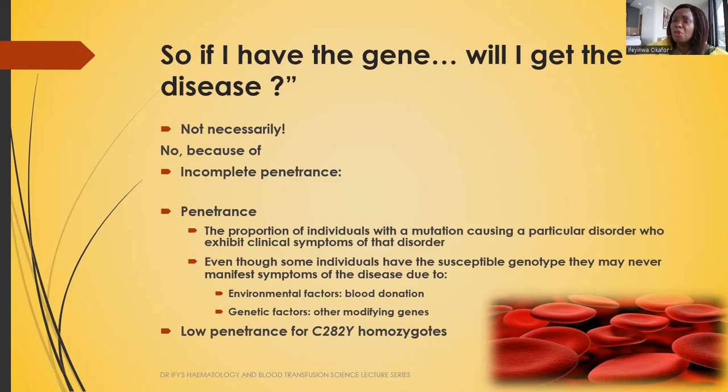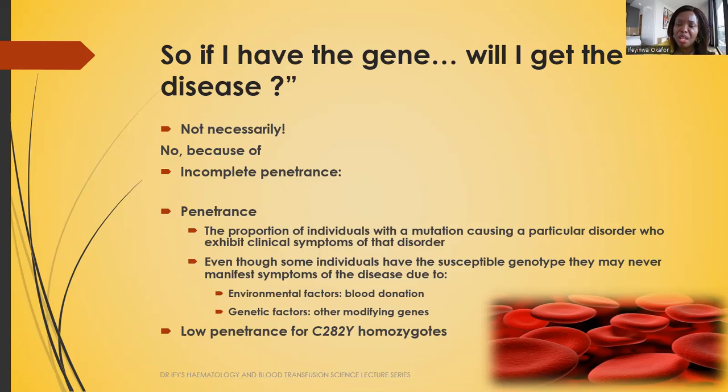But men, apart from sweat, which is a very little amount, do not really have any physiological means of losing blood, unless you have an underlying ailment that causes blood loss. So most times it is good for both men and women to donate blood intermittently. It helps you keep healthy. So lifestyle modification can also make it so that even though you have the gene, you may never develop the disease.